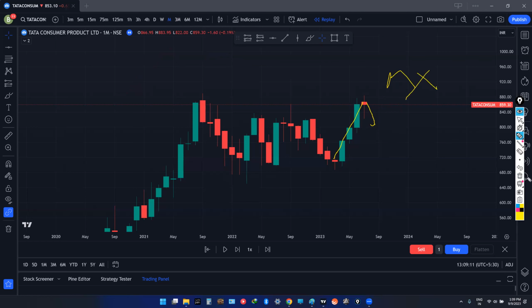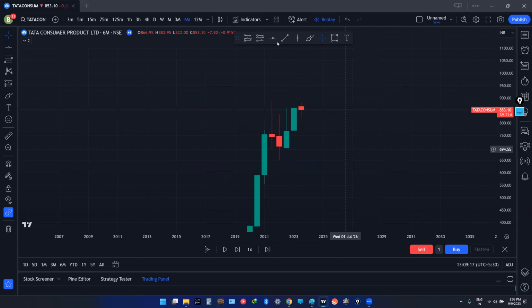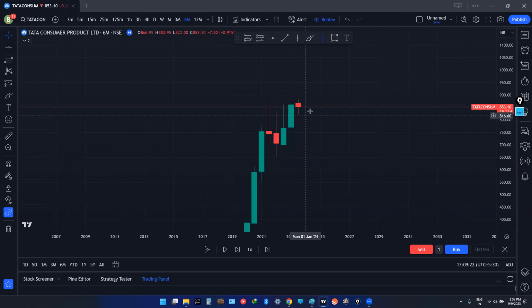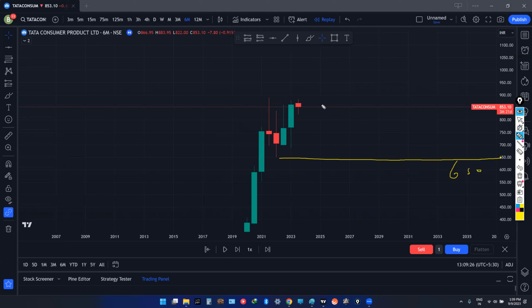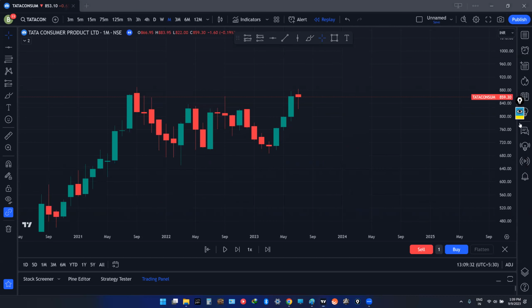On monthly we cannot trade, but on half yearly it is looking good. So on half yearly our setup is there, first, second, third, with a stop loss of 650. Half yearly it is looking okay. In monthly it is not looking okay. In monthly maybe like this, and then we can go.